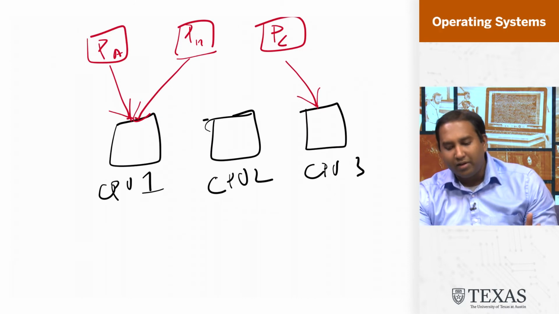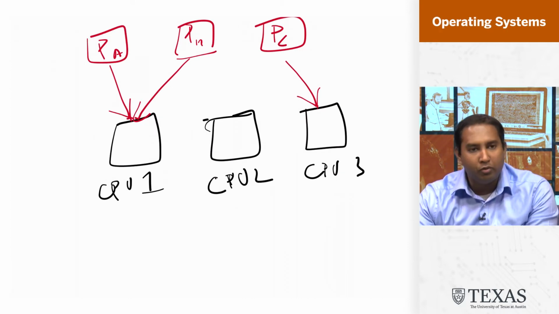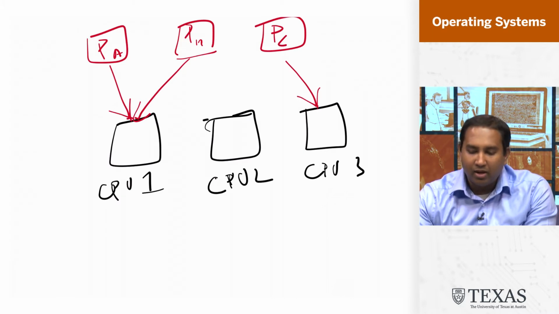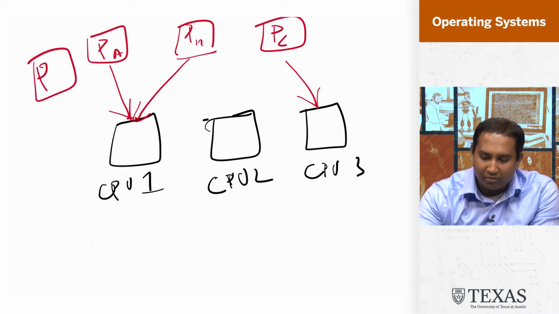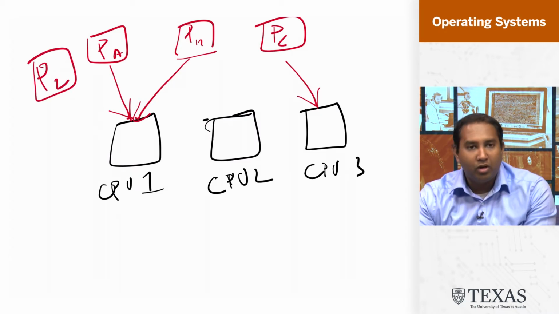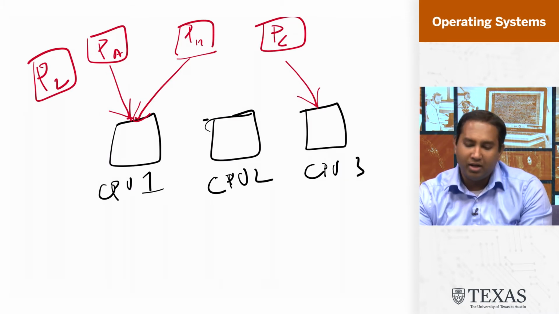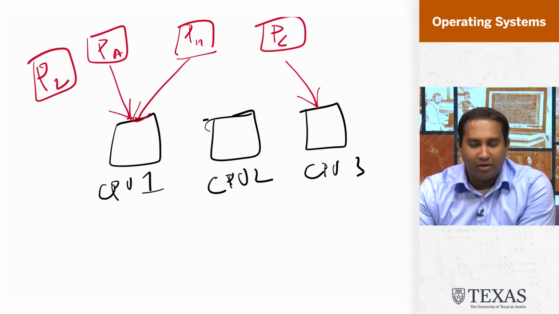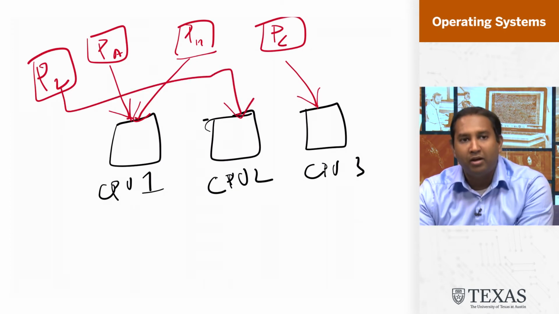There are many valid reasons in which you wouldn't utilize all your CPUs all the time. For example, let's say there is a special very high priority process, process Z. Whenever process Z arrives on the scene, we want to schedule it immediately. Because of that, let's say we keep a CPU idle, and whenever process Z comes, it is scheduled on CPU 2 immediately.